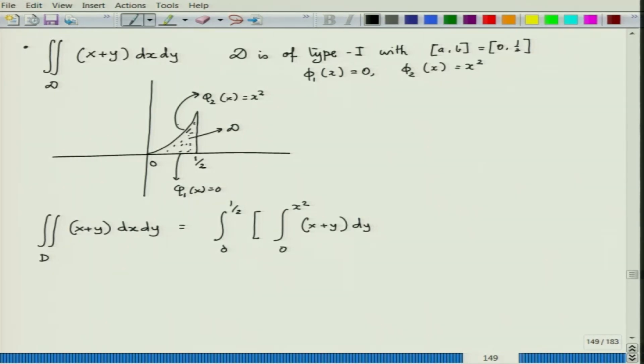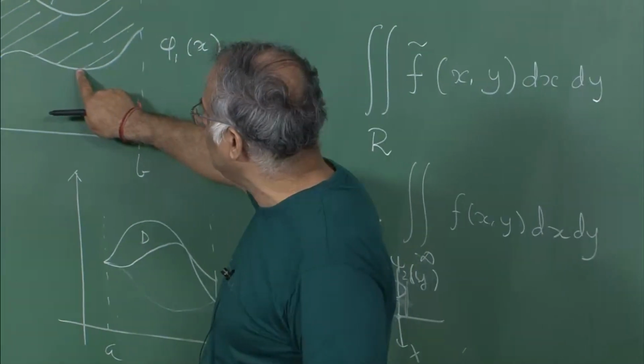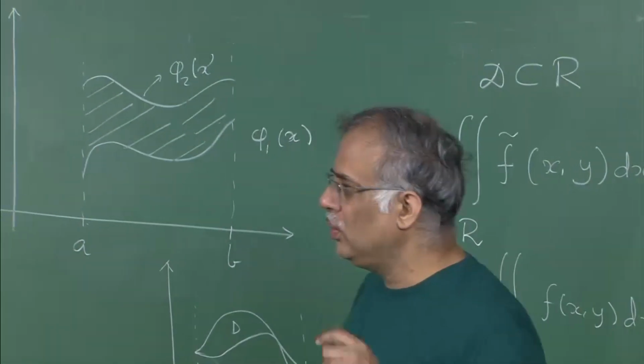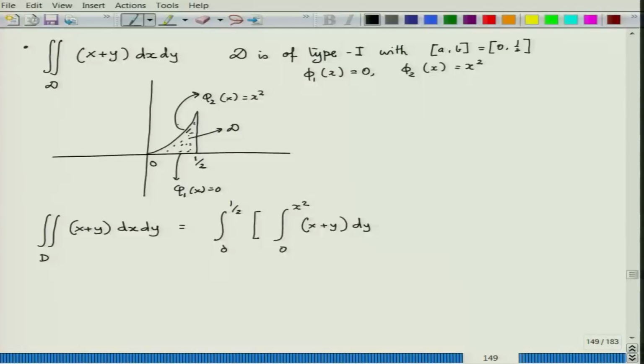This is very important. This is a type 1 domain, so my y values lie between phi 1 x and phi 2 x. I have fixed my x, so y lies between 0 and x square for that particular fixed x. You evaluate that and do it for all the x's.